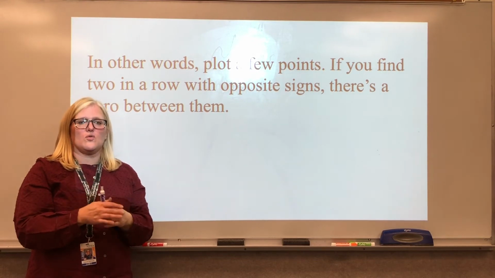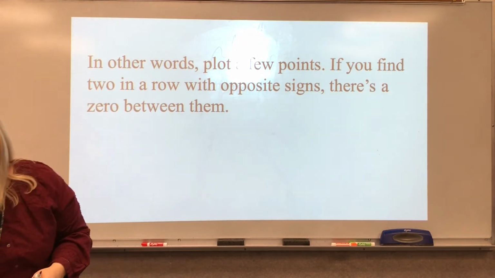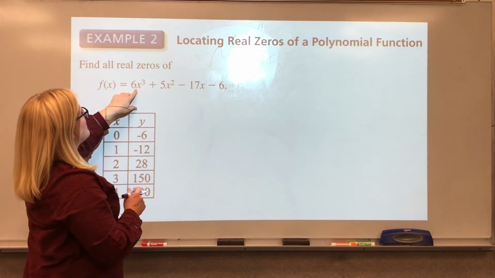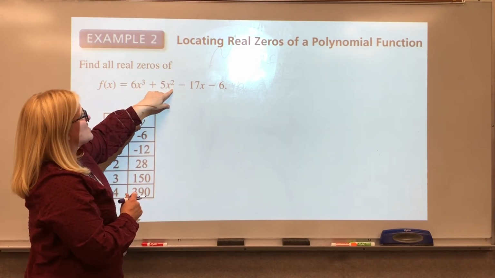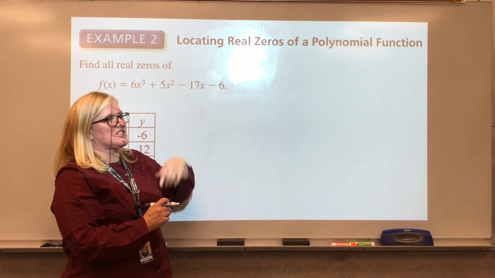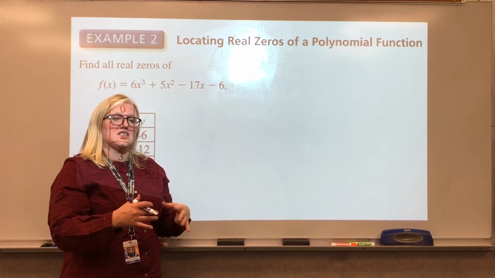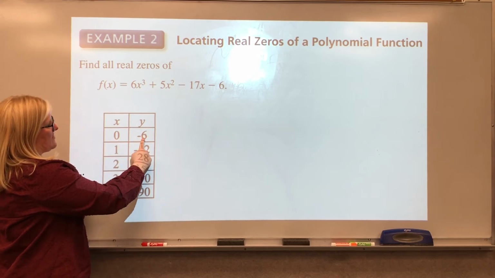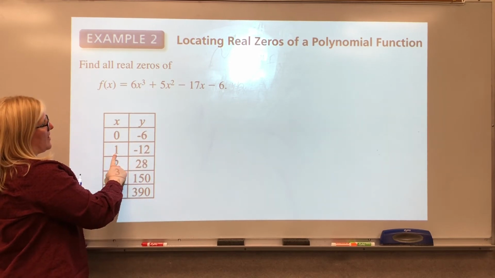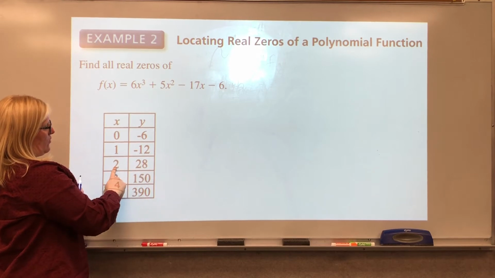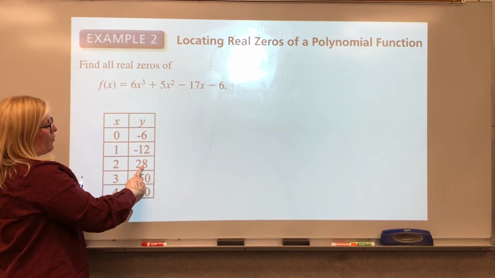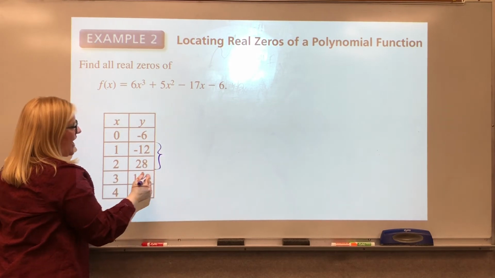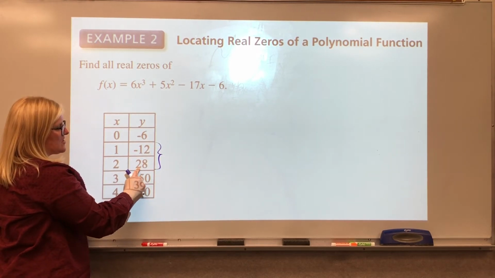So let me show you an example so that you can see what that means. So we have, find all the real zeros of 6x cubed plus 5x squared minus 17x minus 6. So what they're saying is plot a few points. So when x is 0, y is -6. When x is 1, y is -12. When x is 2, f of x is 28. If you look right here, I'm going from negative to positive.